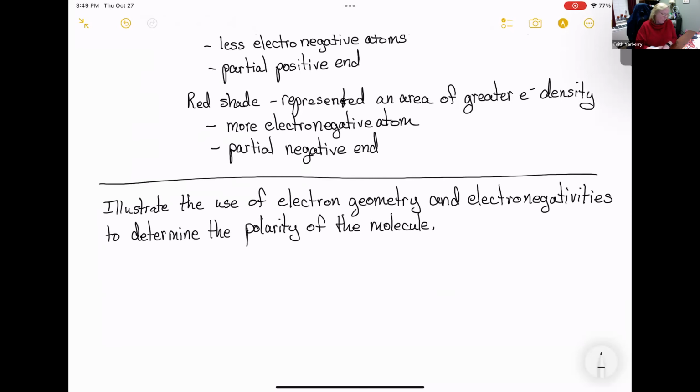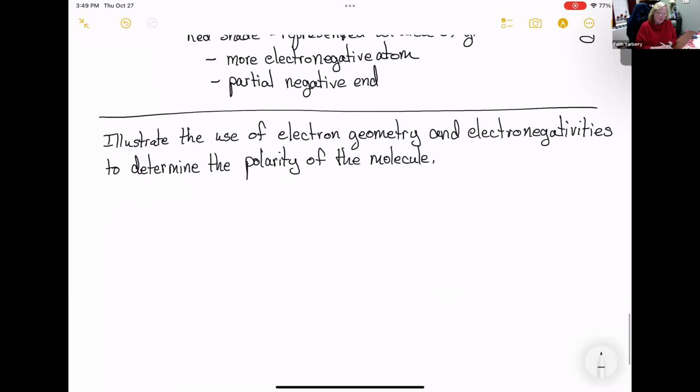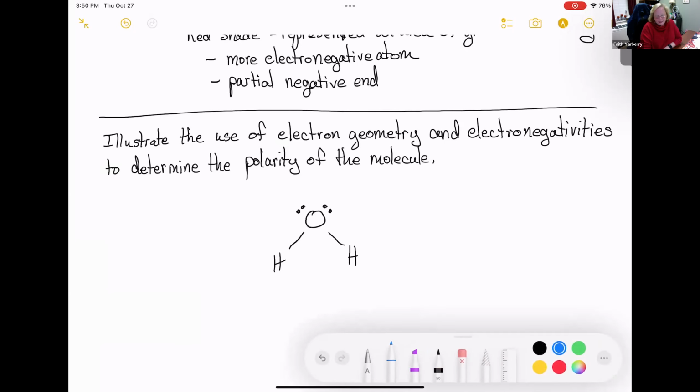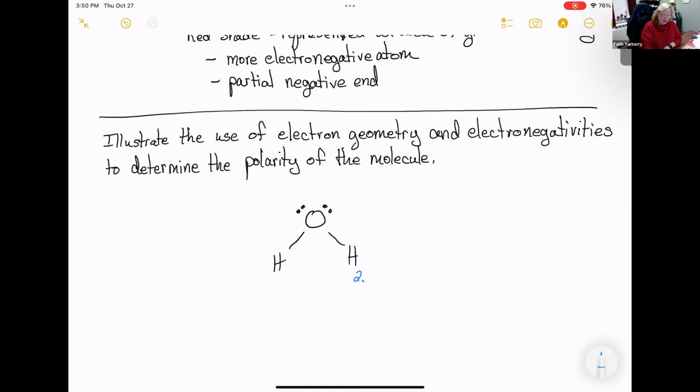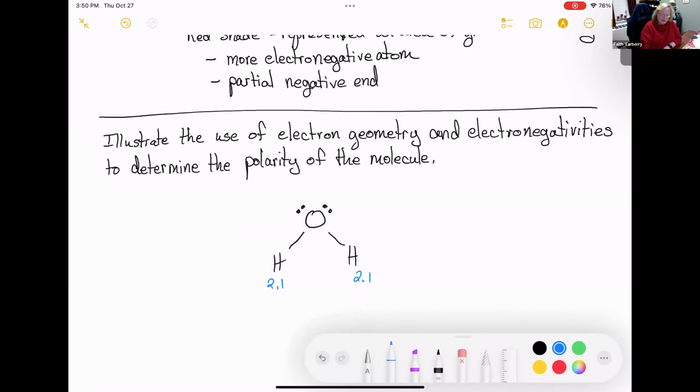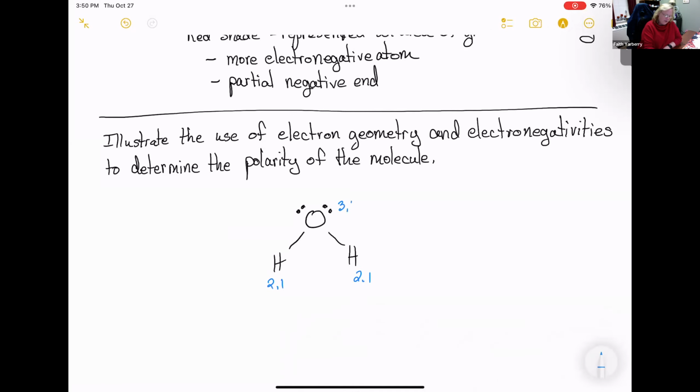So let's start out with one of the ones that he gave us, which was water. If I draw water, one way to draw water looks like this. Then if I take the electronegativities and look up the electronegativity table, I would find out that the electronegativity of hydrogen is 2.1. And I would find out that the electronegativity of oxygen is 3.5.